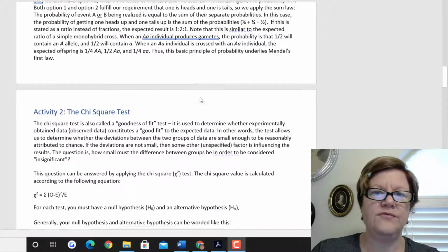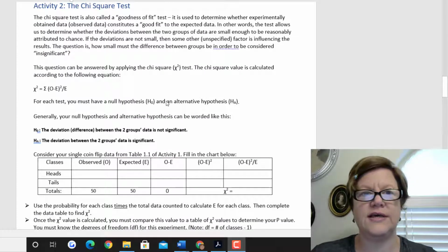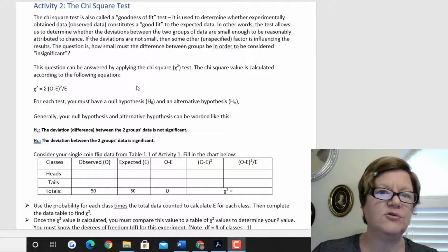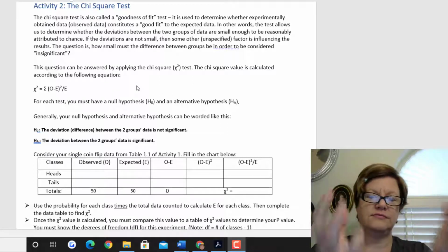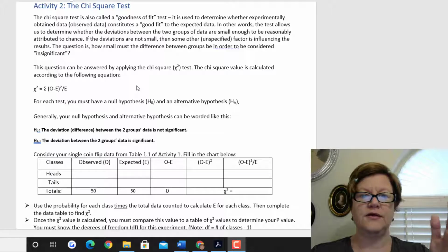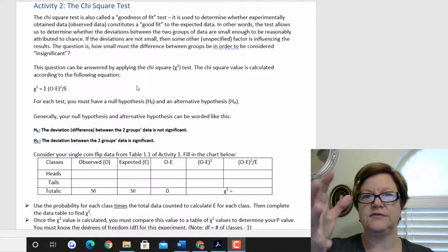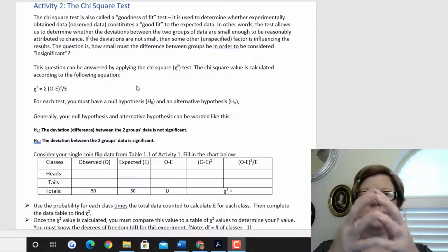All right, so after you've gathered your data from your coin flips, we go on to do the actual chi-square test. The chi-square test is called the goodness of fit test, where, like I said, you're comparing 2 sets of data. In our sample, we're going to be comparing sort of an ideal, perfect set of data for coin flips to an actual observed, collected set of data for coin flips.